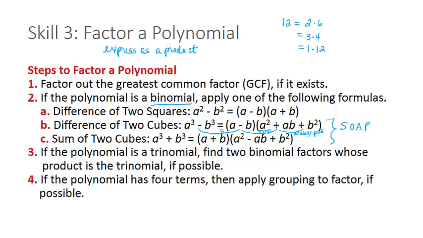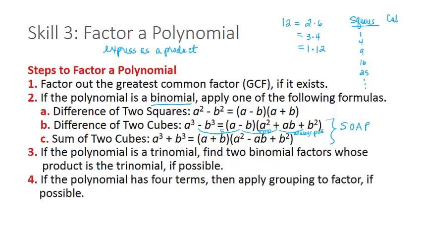Now, to recognize the sum or difference of cubes or difference of squares, you have to really know your cubes and your squares. So just to remind you, some perfect squares are 1 squared is 1, 2 squared is 4, 3 squared is 9, 4 squared is 16, 5 squared is 25, and so on.